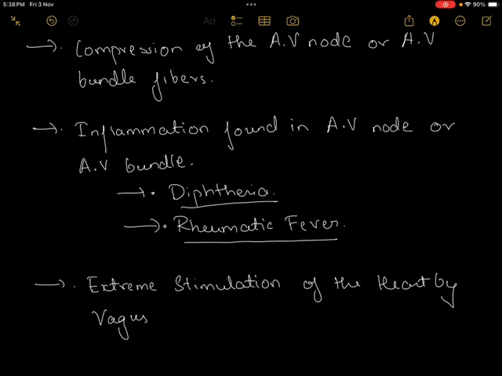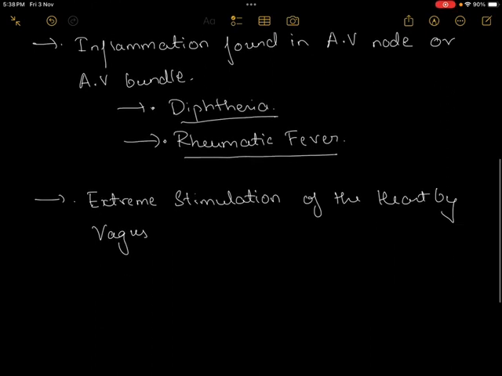So how do you define this factor? What is the reason behind this factor? If you take a look, as we all know, the vagus nerve is the 10th cranial nerve which is present in our brain. Usually the vagus nerve is a kind of parasympathetic nerve.